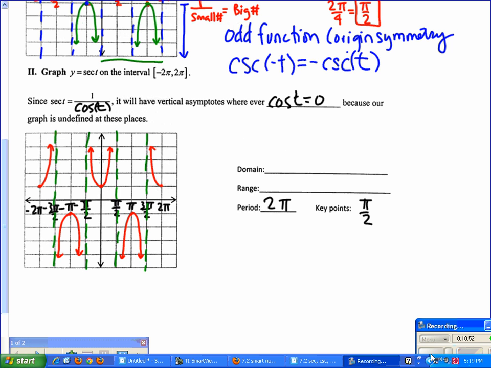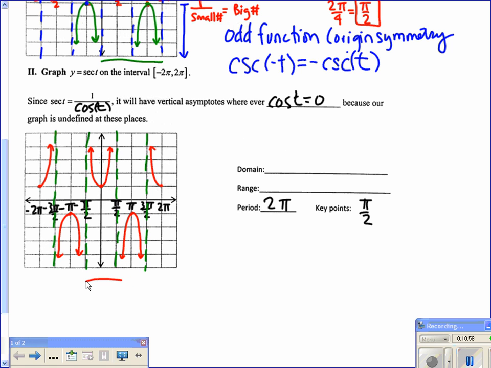And notice that for this graph, one cycle before we repeat ourselves is the length of the horizontal distance of 0 to 2 pi. So in this case, we start at negative pi over 2 and it goes to 3 pi over 2 to complete one cycle. And notice that if we were to fold our graph in half on the y-axis, it would match up. So that means that this is an even function.